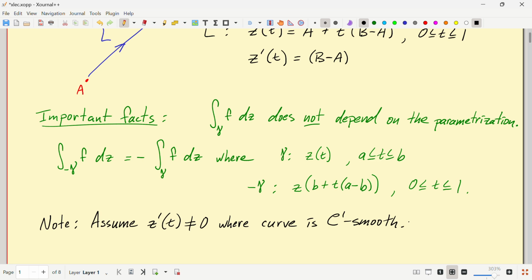We should have done that in the definition, because it'd be kind of silly to have a parameterization where you stop and just sit there for a while, or maybe turn around and go backwards and then go forwards. That would be kind of crazy. So that's a natural thing to do, just like you do in sophomore calculus. Questions about anything?